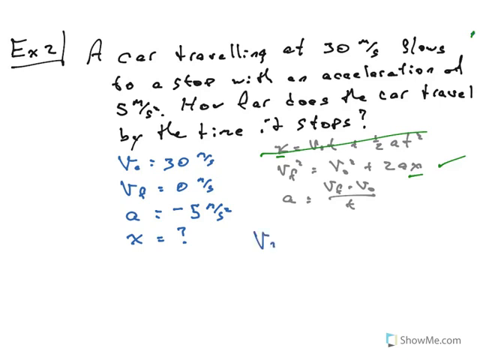Second equation says VF squared is V naught squared plus 2 times a times x. Now I could plug my numbers in.